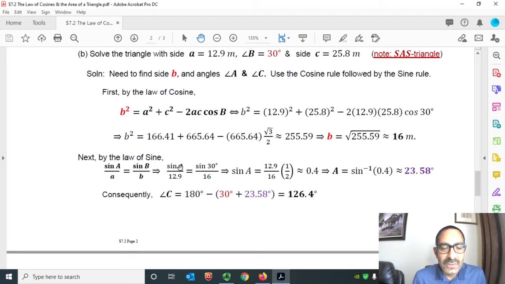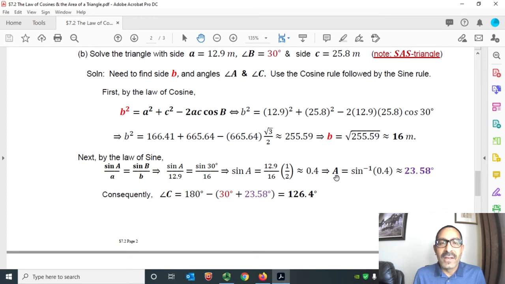Sine A over 12.9 equals sine 30 degrees over 16. Cross multiply. Then it turns out that sine A is approximately 0.4. Then applying sine inverse to both sides, we get A equals sine inverse of 0.4, which is approximately 23.58 degrees.